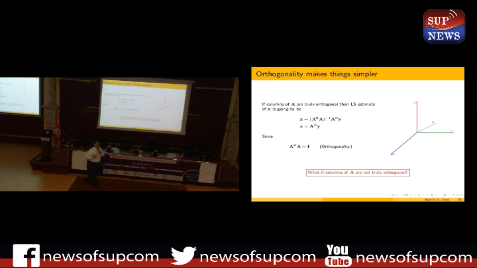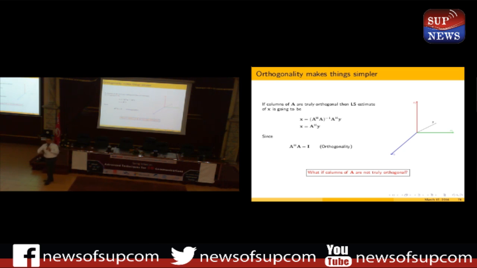But in our case, the columns cannot be completely orthogonal. They can only be semi-orthogonal. Why can't they be completely orthogonal? It's a fat matrix, thank you. There are more columns than rows, so I cannot really have them completely orthogonal.